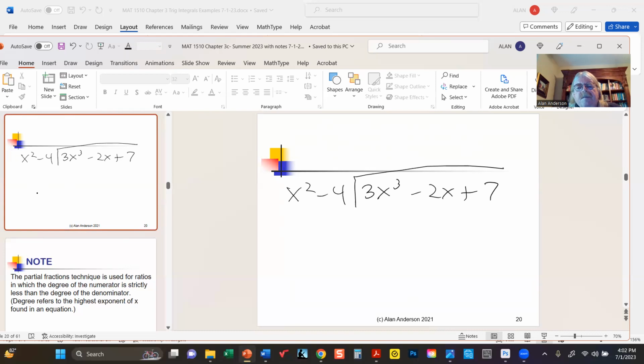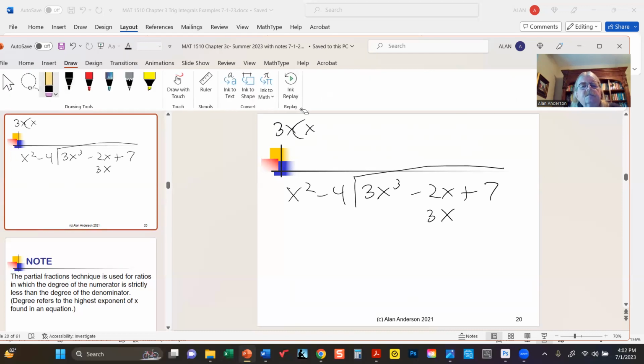So I'm going to try 3x, because 3x times x squared minus 4 equals 3x cubed minus 12x.